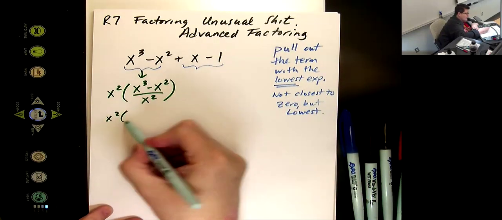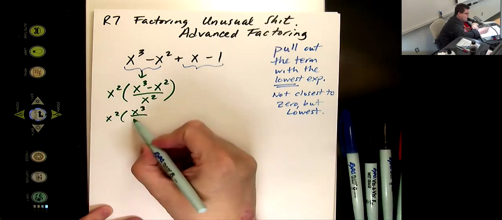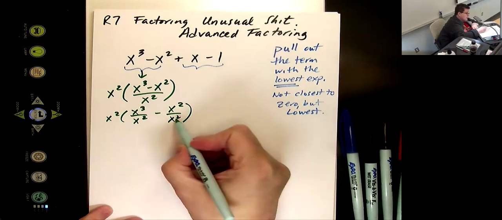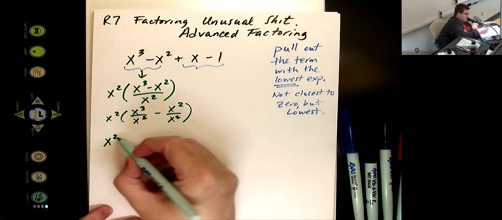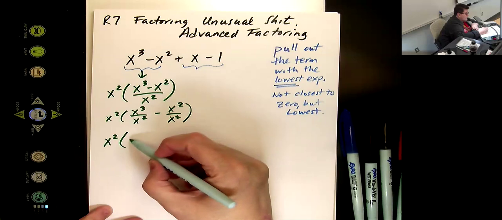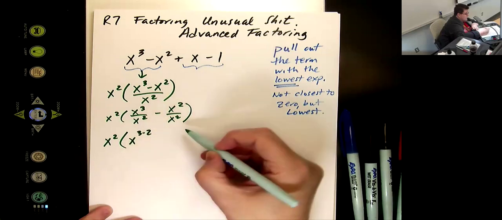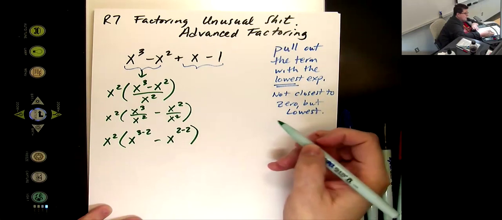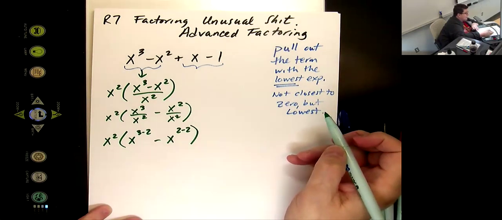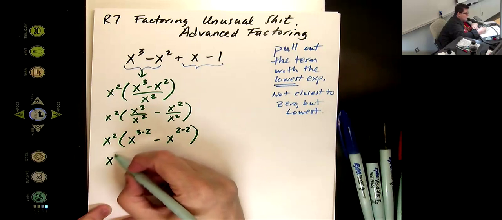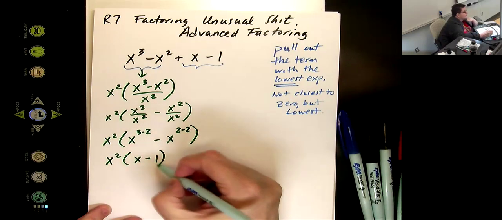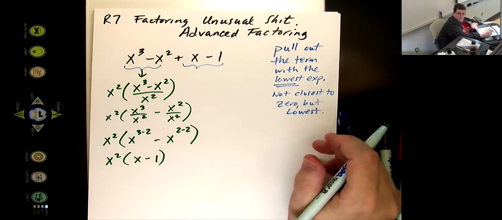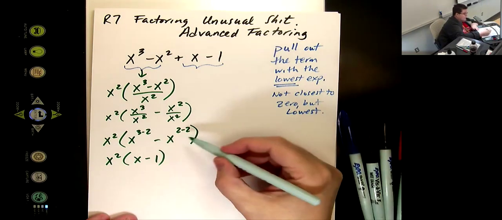That's x squared, and then you can split it up over each. And we saw that we subtracted exponents when there was division. Slow way of getting to x minus 1 on the inside, because x to the 0 equals 1.